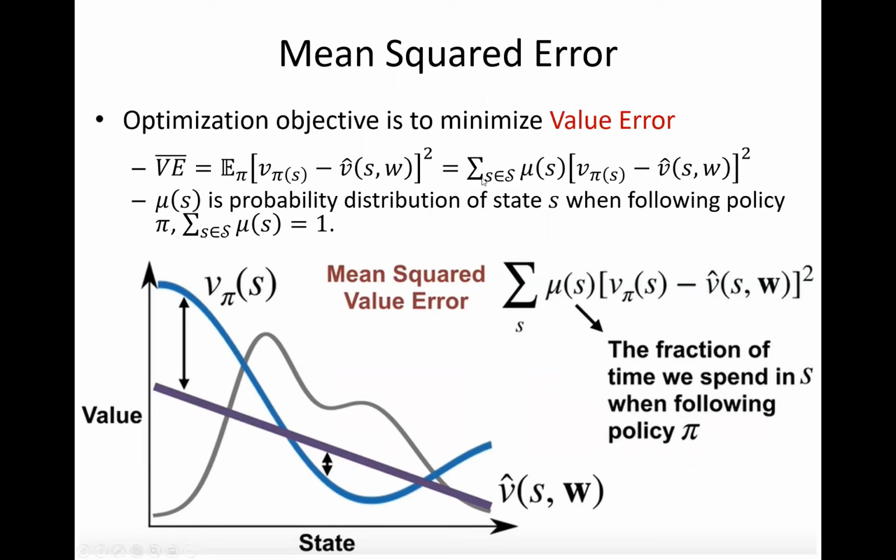Expectation is taking a sum over all the states with the weighting factor mu as the probability distribution of state S when following policy pi. And the sum over all S of mu(S) is equal to 1. This is just the definition of expectation. So we want to minimize this value error.